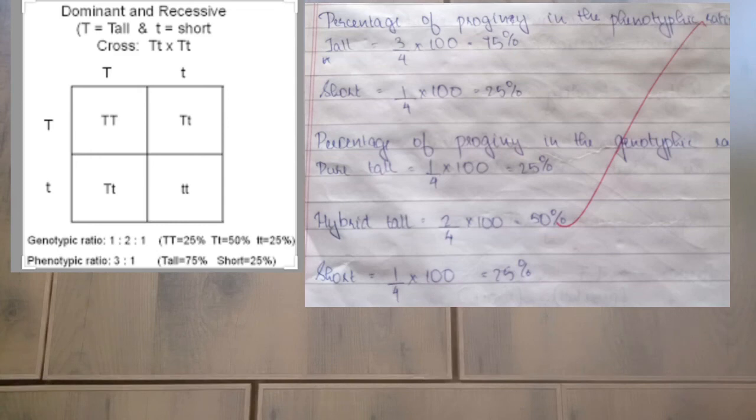Again, 1/4 into 100 is 25. So, pure tall is 25, hybrid tall is 50 and short is 25. Thus, we have found out the percentages of the phenotypic ratio and the genotypic ratio.